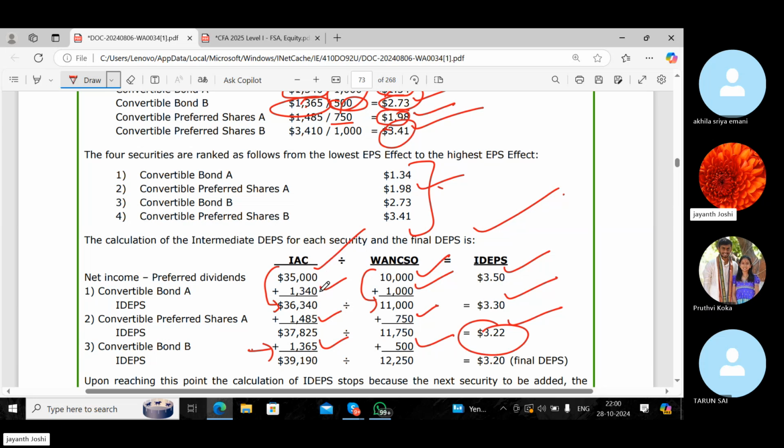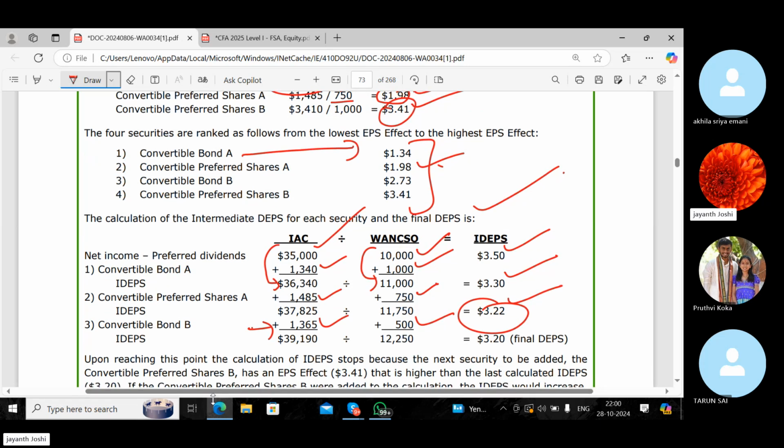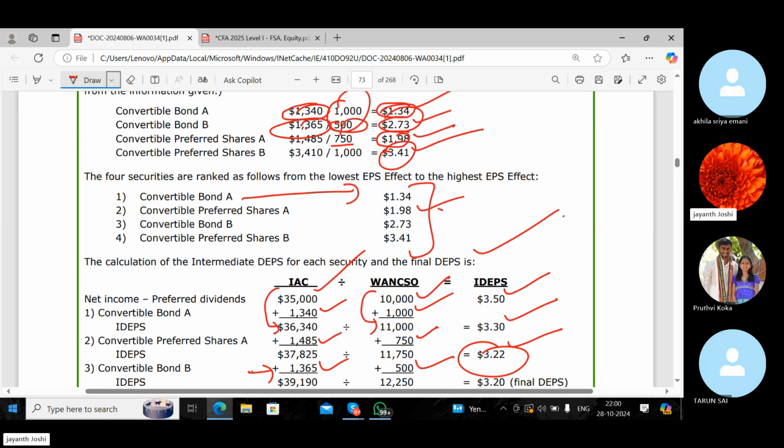So first you have taken the convertible bond A. For convertible bond A, the numerator effect is 1,340. Denominator is 1,000. We got a diluted EPS. Then we took convertible preference shares A, 1,485 and 750.